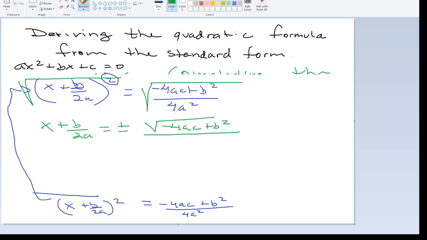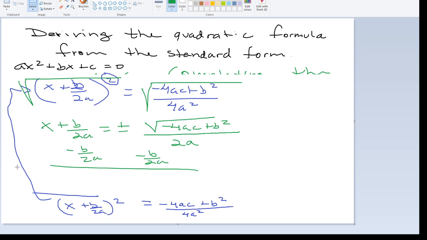Notice on the bottom, the root of 4a squared is 2a. We're almost there, guys. How do we get this x by itself? Well, we simply subtract b over 2a on both sides.